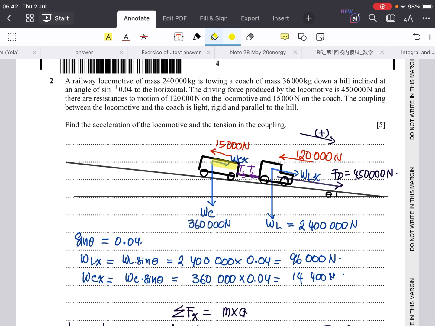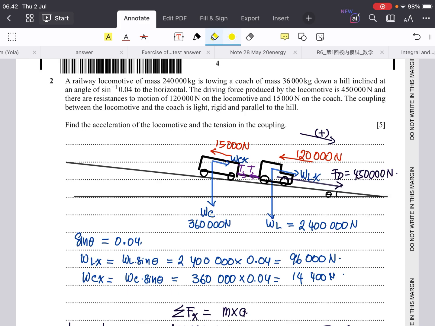We find the x component of the weight, so we multiply W of the coach times sine theta, which is equal to 14,400 Newtons.